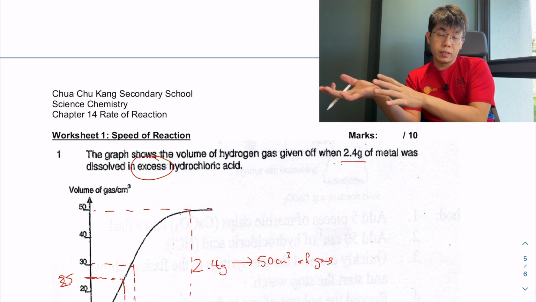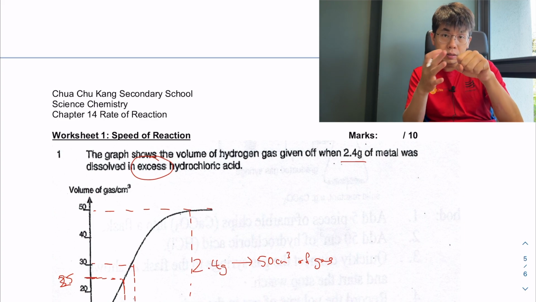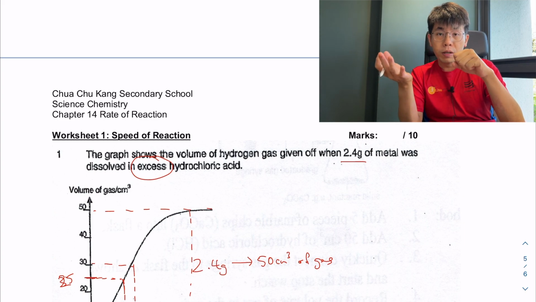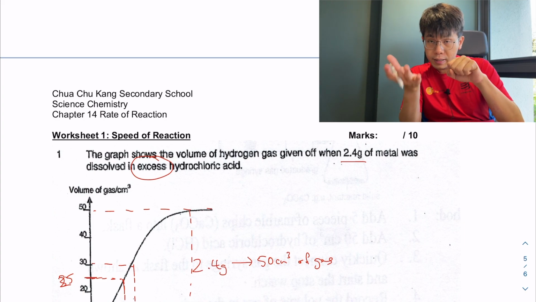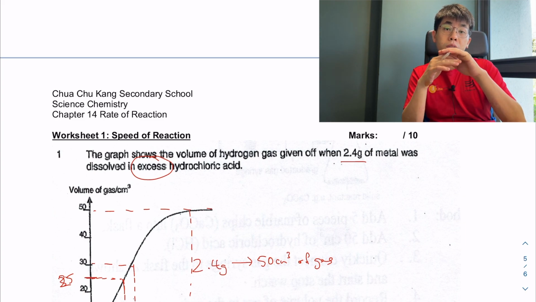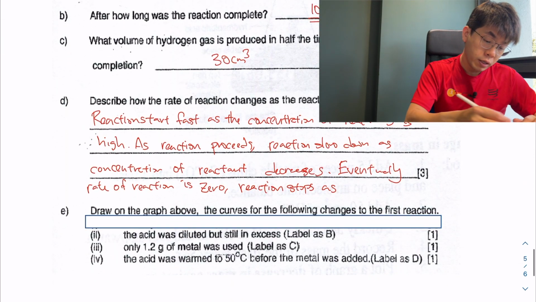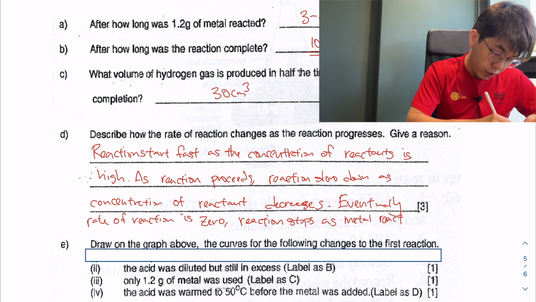Excess hydrochloric acid means that the metal is limiting. There is less metal than acid, too much acid. So when the reaction is over, the excess acid will be left behind, and the metal has all reacted. The reaction will stop when all the metal has reacted, so the reaction stops as the metal is finished.